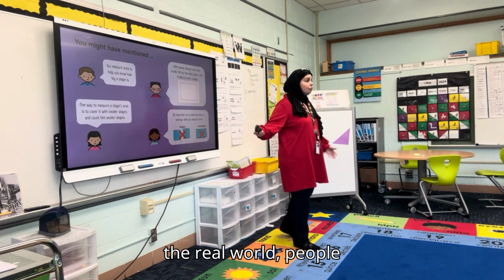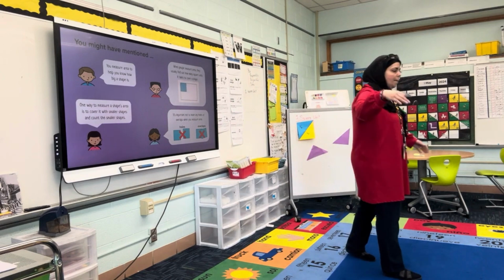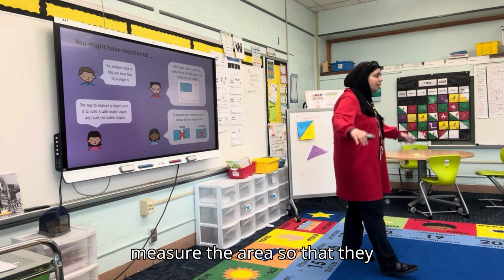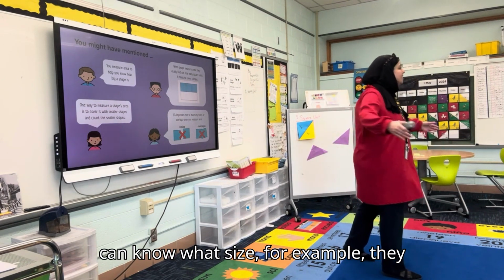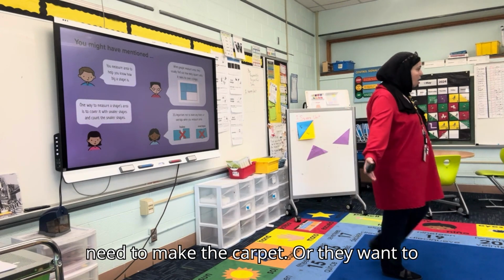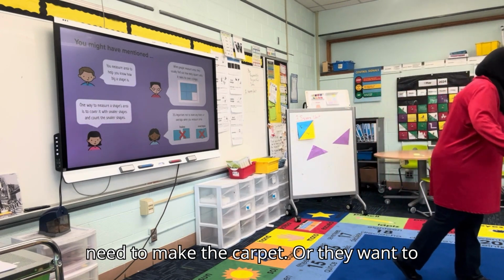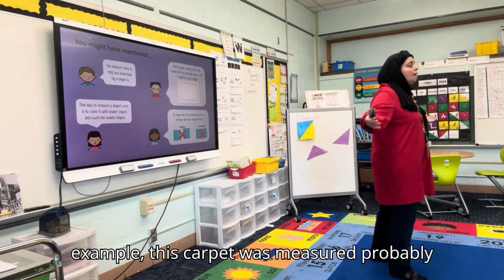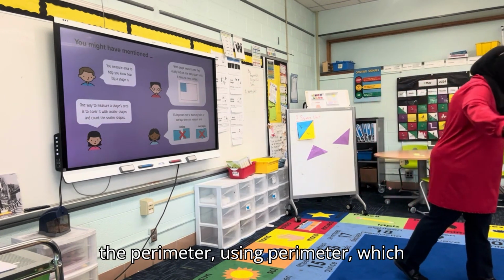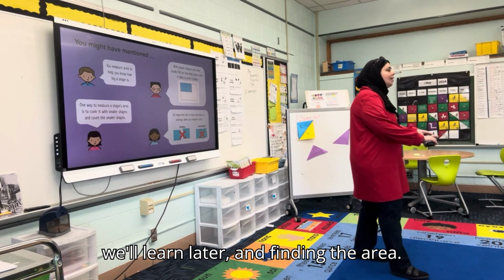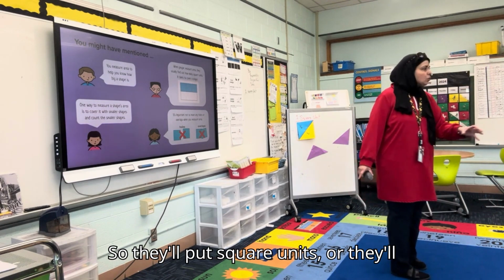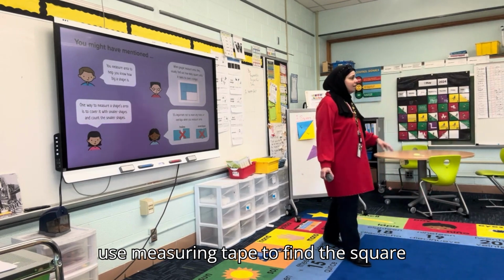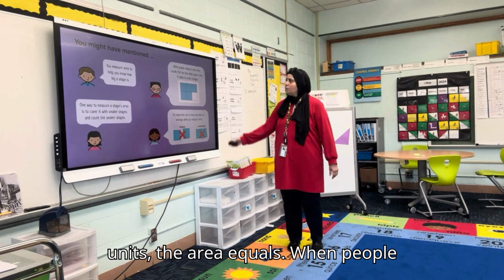So in the real world, people measure the area so that they can know what size they need to make the carpet, or they want to know if it fits in the classroom. For example, this carpet was measured probably using perimeter, which we'll learn later, and finding the area. So they'll put square units, or they'll use measuring tape to find the square units the area equals.